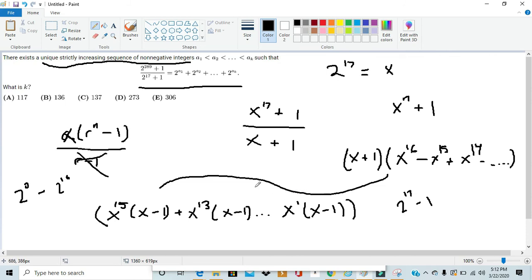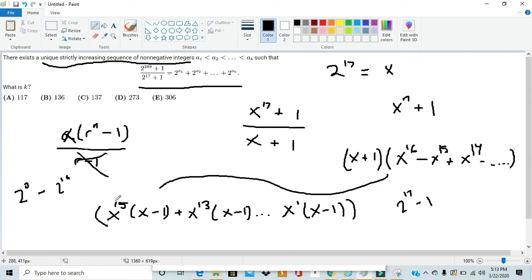And then along with that, we're going to multiply each of these 17 terms by this other coefficient, which is 2 to the 17th raised to some other power. So in this case, it's 2 to the 17th raised to the 15th. So each of these will also add another power of 2 sequence.